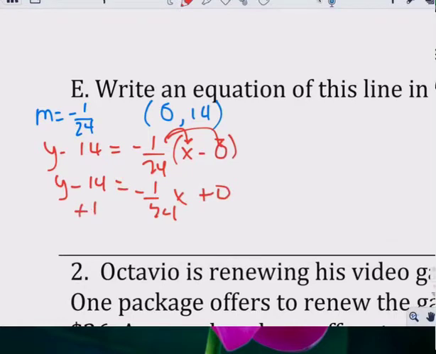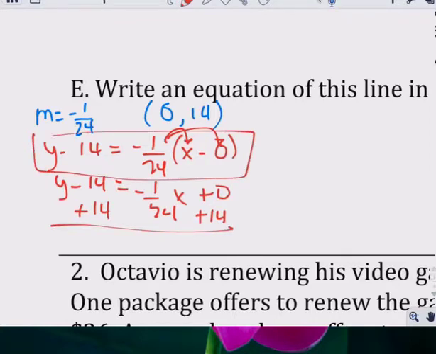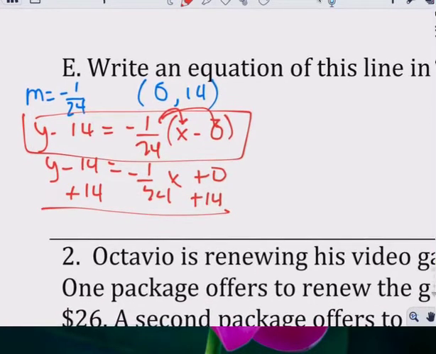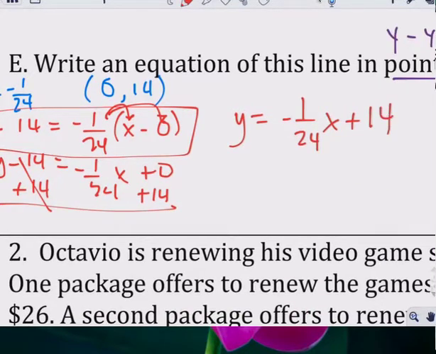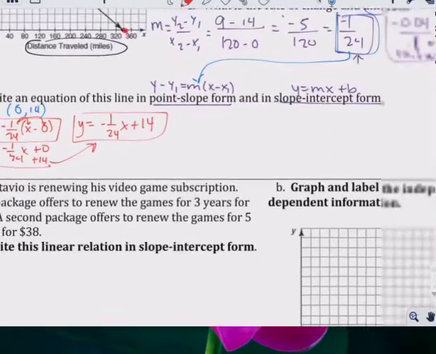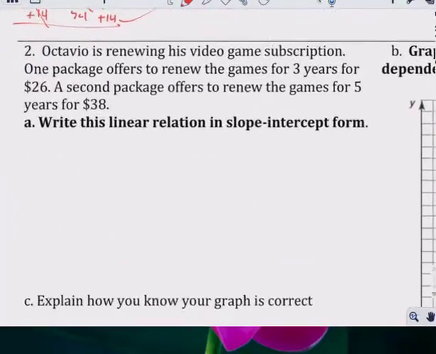So add 14, you get point slope like this. Slope intercept is y equals negative 1 over 24 x plus 14. That's your answer from there. Okay? That's your answer.